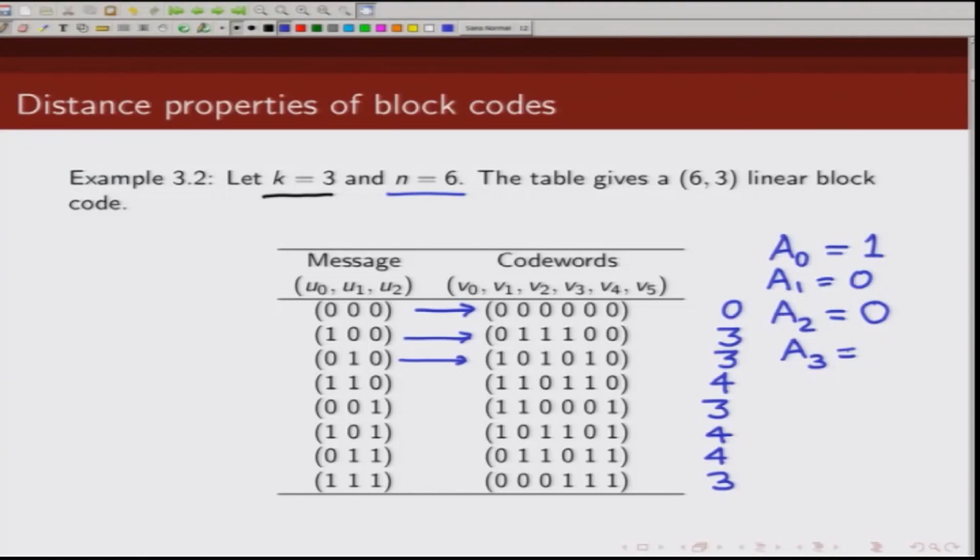What about A3? That is 1, 2, 3, 4. You have 4 code words with Hamming weight 3. A4 is 1, 2, 3.